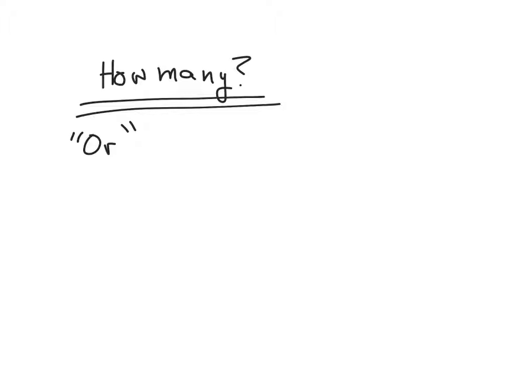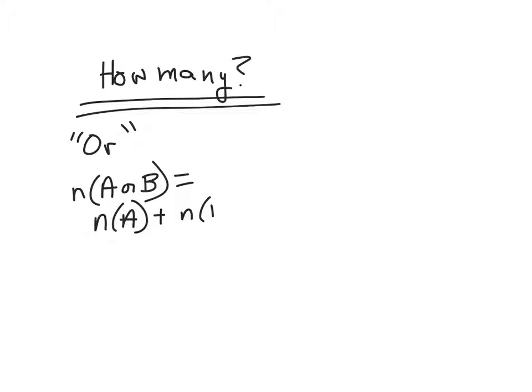And so if it's an or problem, we're going to need to apply the or formula, which said the number of ways event A or event B can occur is equal to the number of ways event A can occur plus the number of ways event B can occur minus the number of ways event A and event B can occur.